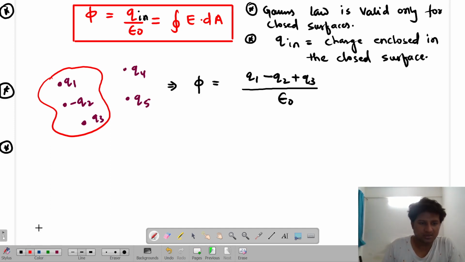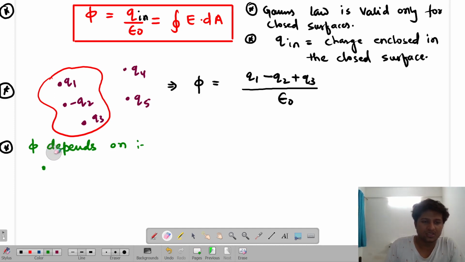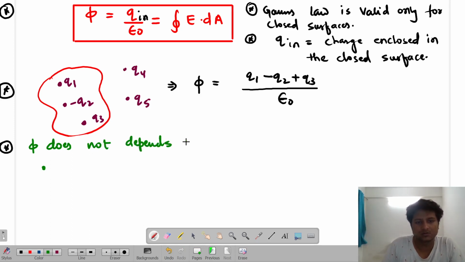So let us understand on how many points this flux depends. So flux, according to Gauss law, depends on mainly three points. Let us write two things. Flux does not depend on, we know, but what it does not depend on. First thing, outer charge of the Gaussian surface.